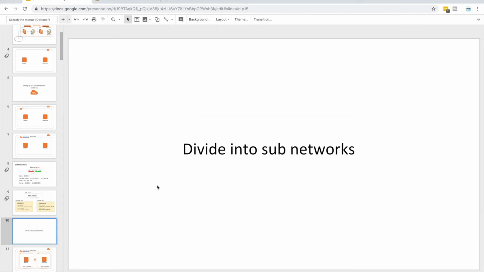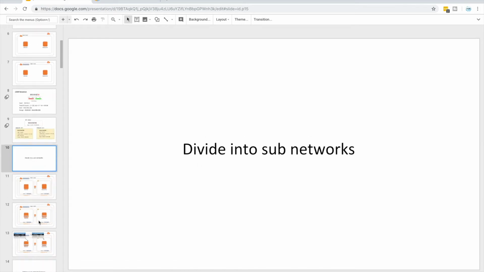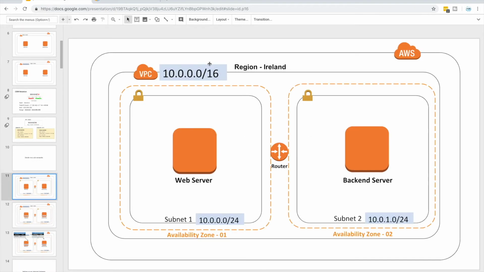Good. So now let's divide our VPC into subnetworks. Okay, now take a look at this diagram. Here we have our VPC and we have created two subnetworks, /24 and /24, the ones we just saw, and each subnet is associated with an availability zone. So this is the subnet and this is the availability zone, AZ1, and this is the second subnet and this is the second availability zone.